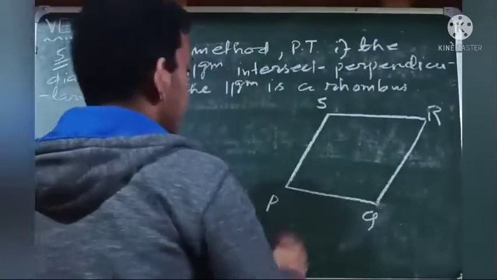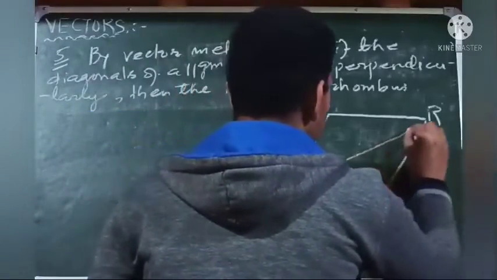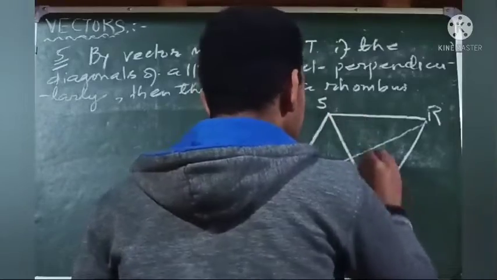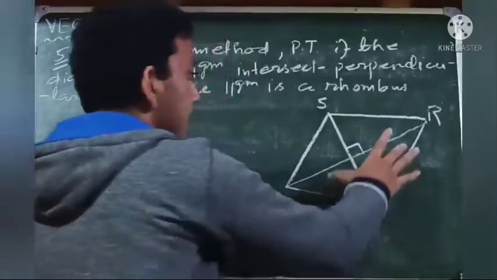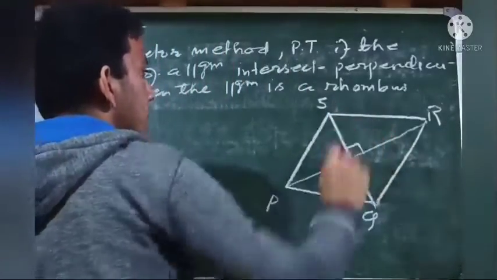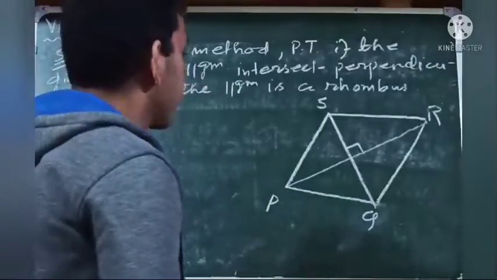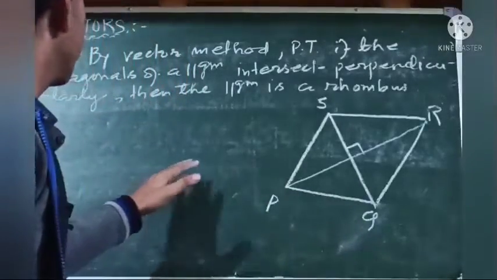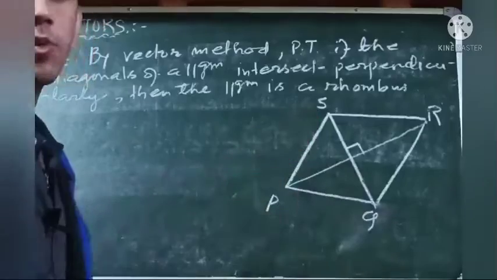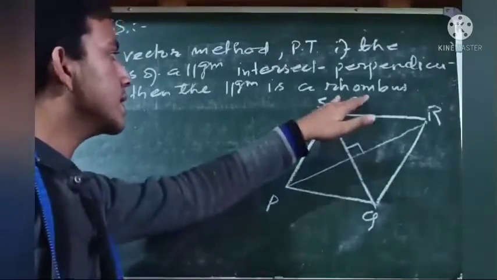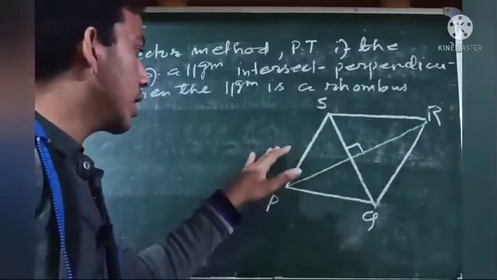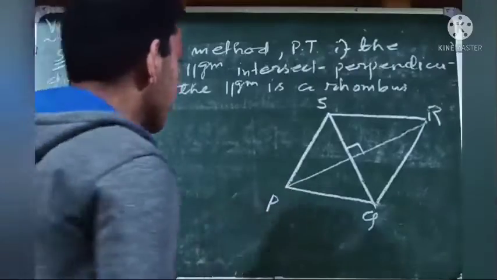Now we are given that the diagonals of this parallelogram intersect perpendicularly. That means the diagonal PR is perpendicular to the diagonal QS. Now we are required to prove that this parallelogram is a rhombus. Now we know that a rhombus is any quadrilateral whose all sides are equal.